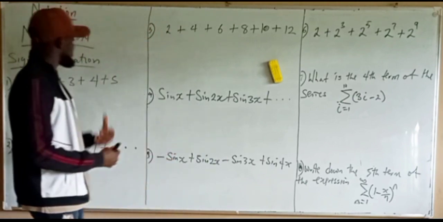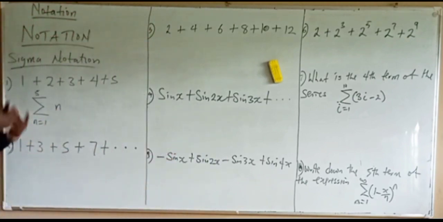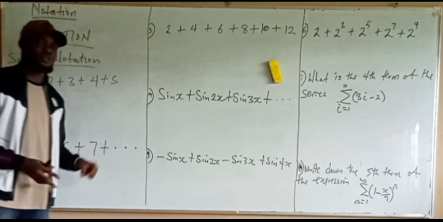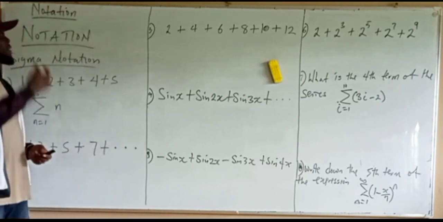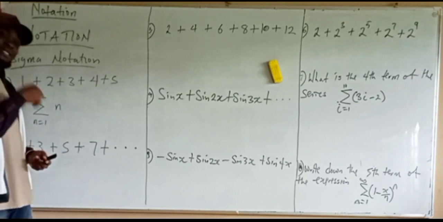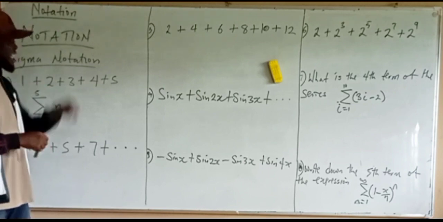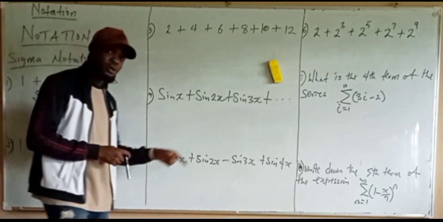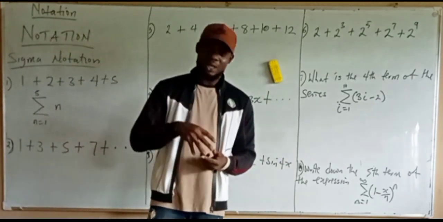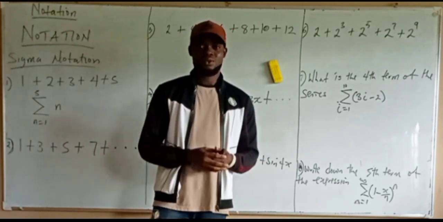If they ask you to write out the following using sigma notation, you know that as far as we're talking about addition or summation, that is where sigma notation comes in. There are some questions that will not mention sigma notation, but as far as you are saying plus or minus in the question, we are talking about sigma notation.